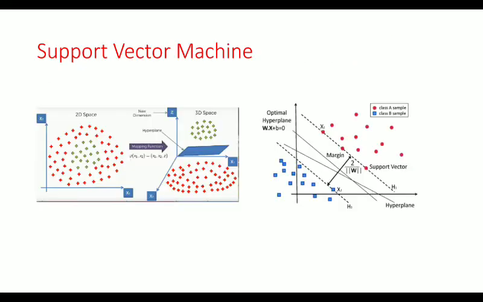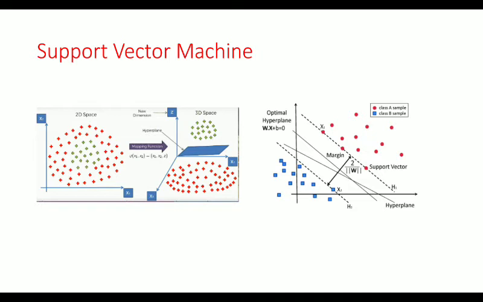And the second one is the support vector machine. Observe the left side image: it contains non-linear data, and we need to separate these two classes by adjusting some boundary lines. The boundary line is also a non-linear boundary line.